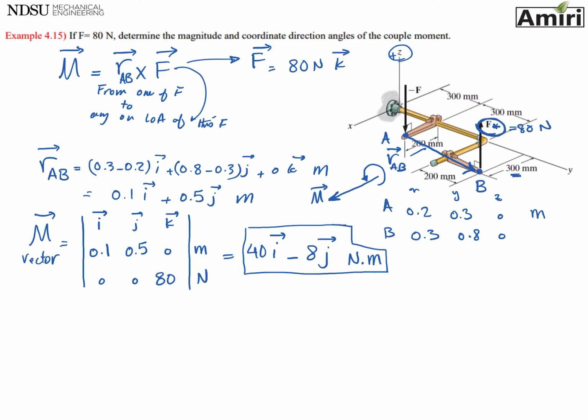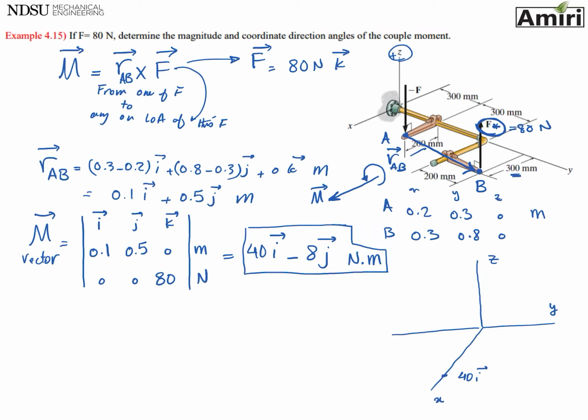So the rotation is also skewed a little bit. So let me draw it kind of like this. So I have y, I have z. It's a little bit different than our figure, and this is x. So my moment, the I component of it is 40, which is right here, 40I.